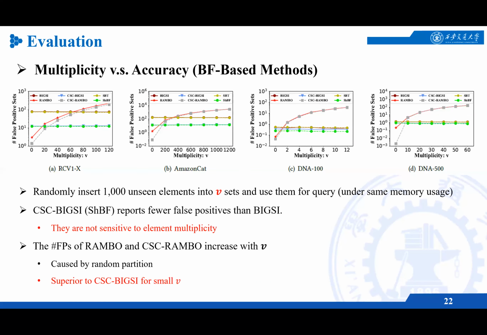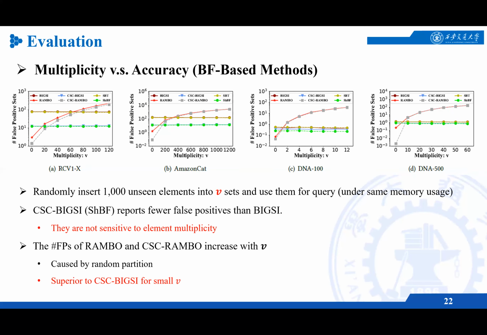We further analyze the influence of element multiplicity. Specifically, we randomly insert 1,000 unseen elements into V sets and use them for query. We observe that CSC Big Sign reports fewer false positives than Big Sign, and both of them are not sensitive to element multiplicity.